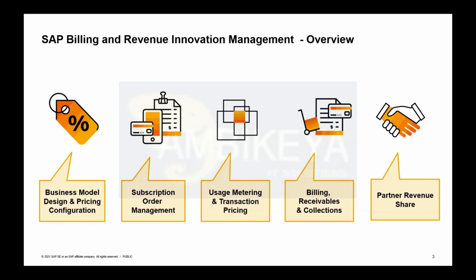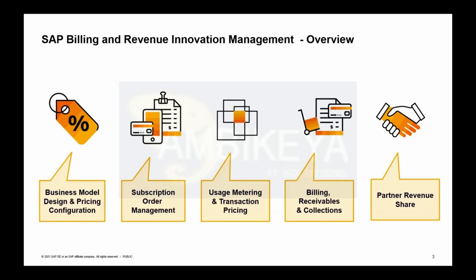With the Billing and Revenue Innovation Management, we will have first a business model design where we can have different pricing configurations. The Billing and Revenue Innovation Management is especially usable for service products which do not have inventory goods like hardware.